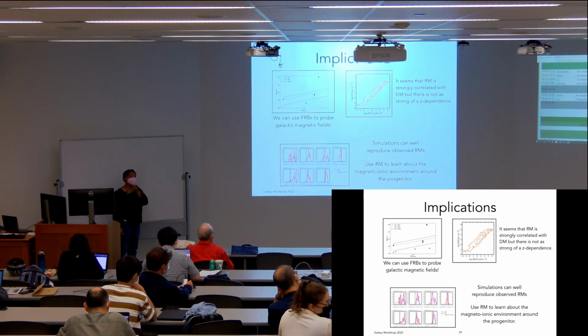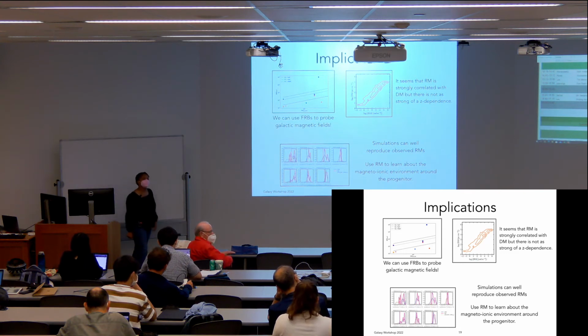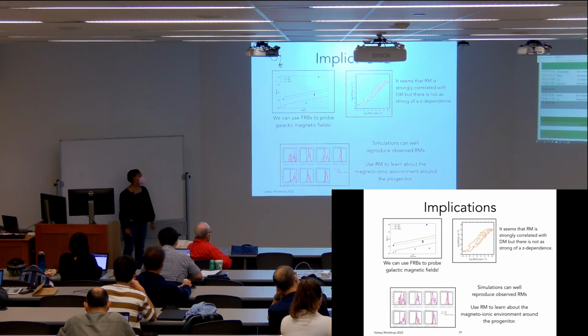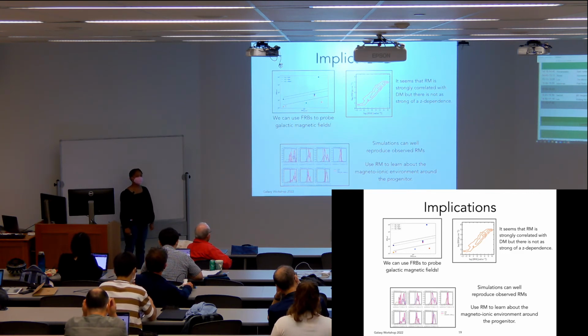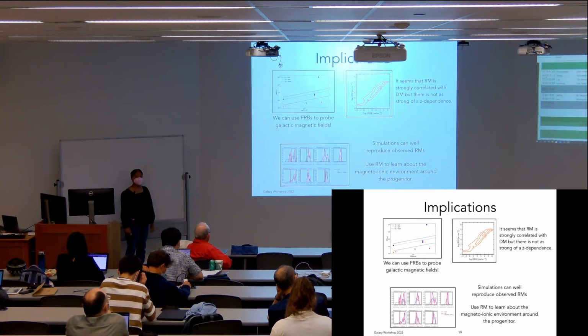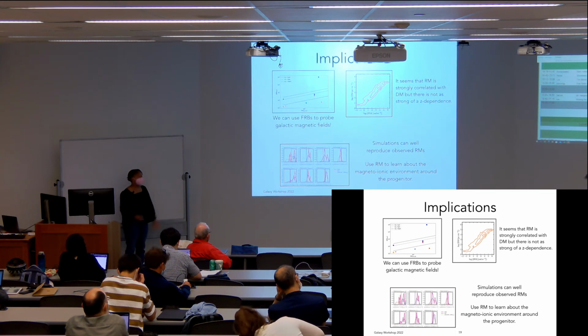What are the prospects of you increasing your sample size in the future? That's a great question. There are a number of surveys about to come online in the next year or two or three that will greatly increase the number of FRBs being detected and localized every year.